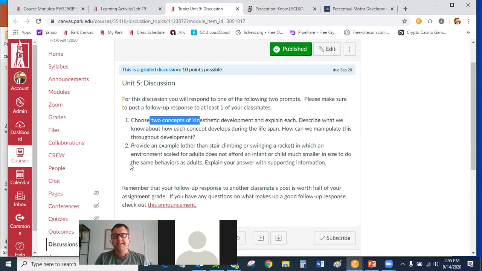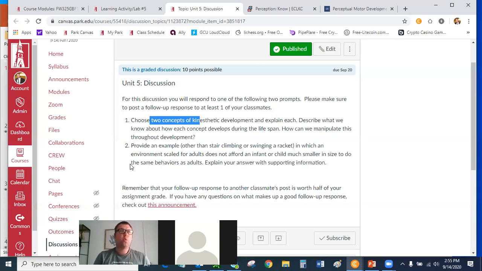What this means is that if you take some sort of activity, and you make it so that an adult can do it, what is a type of that activity where you couldn't make it smaller or adaptable to a child? And they say very specifically the climbing or swinging a racket.